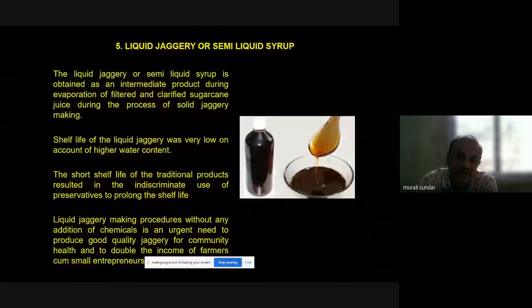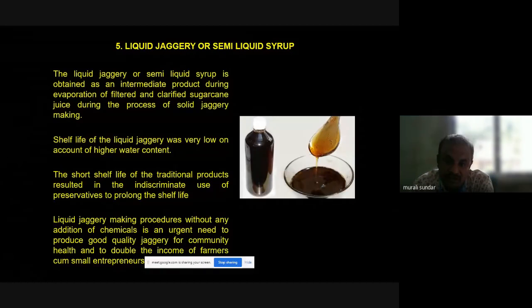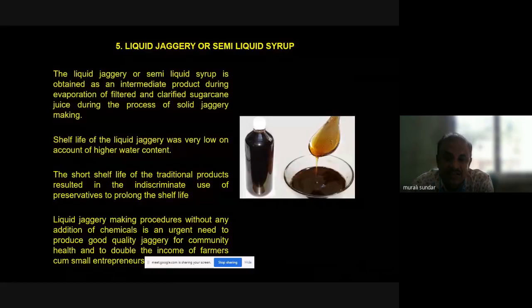Then we can make them consume organic liquid jaggery or jaggery-based products. This has a lot of health benefits compared to white sugar. That is a well-known fact, established all over the world, because liquid jaggery has a lot of minerals and other medicinal values.